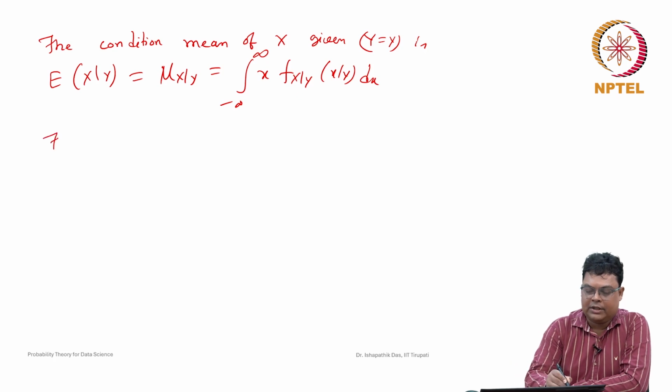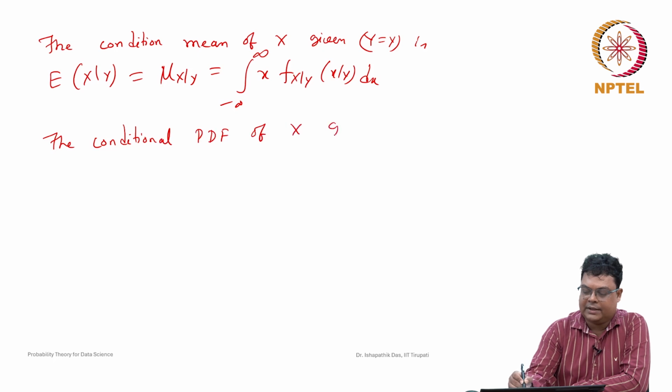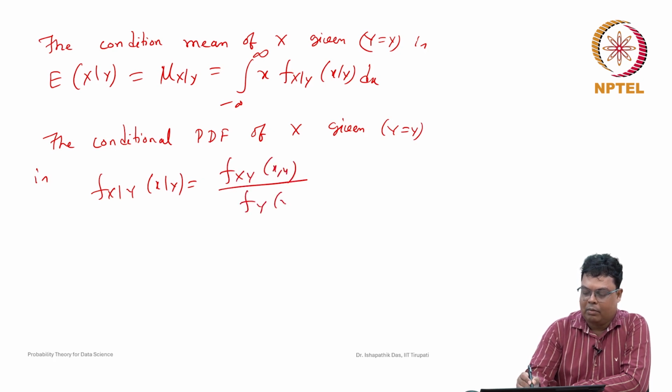So the conditional probability density function of x given y is equal to y is, first we have to find this. So this is the joint probability density function divided by f of y.